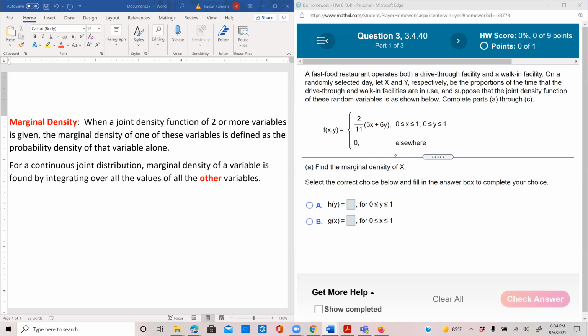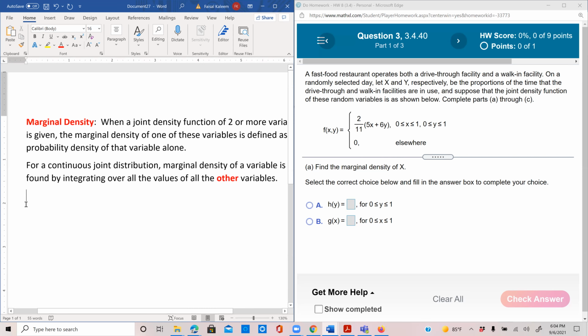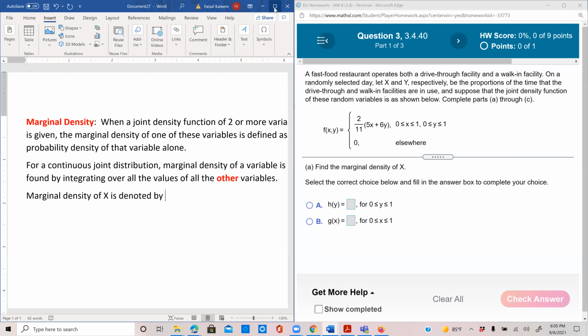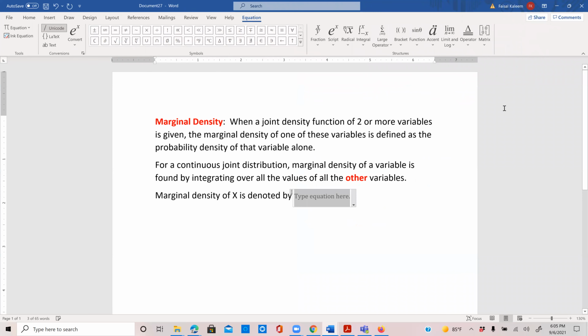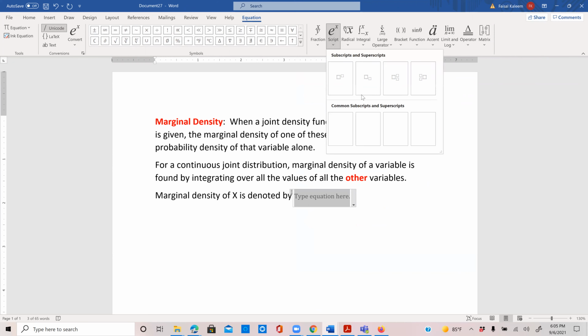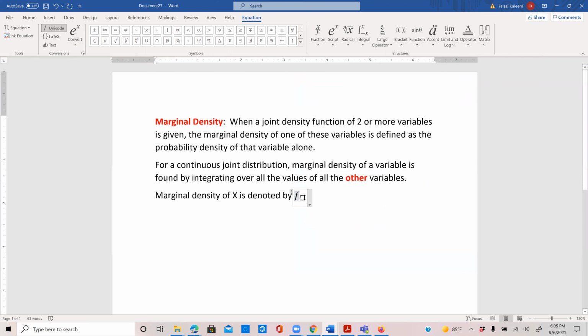Let's write down the notation. The marginal density of x is denoted by f subscript big X, then x.